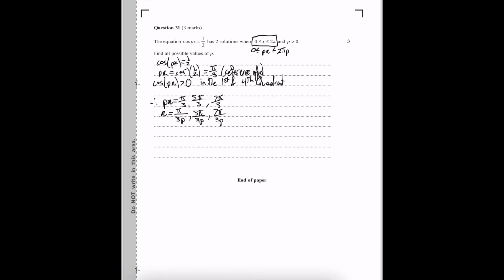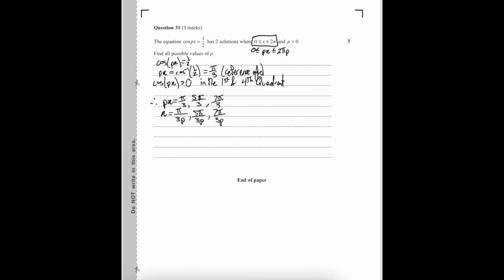Now, the reason why I've done 3 solutions here is because, well, we know that we're going to have 2 solutions, exactly. So there needs to be some sort of restriction on p that limits us to the 2 solutions for x. Now, the 2 solutions are going to be these 2 solutions. We need to apply a domain restriction so that only, for p, so that only those 2 solutions work.